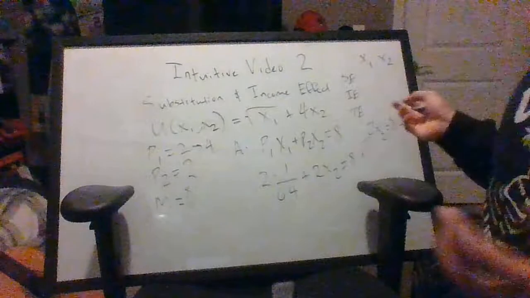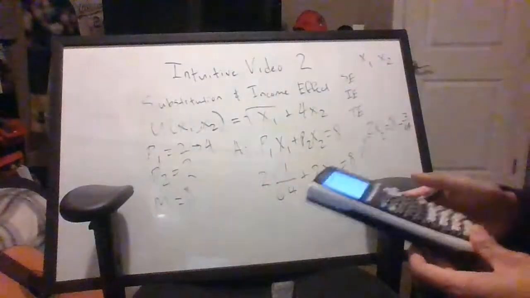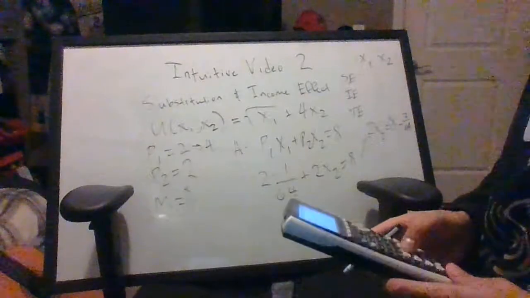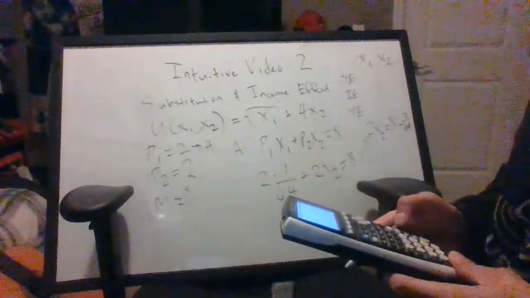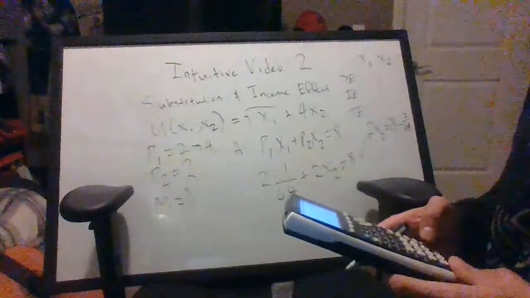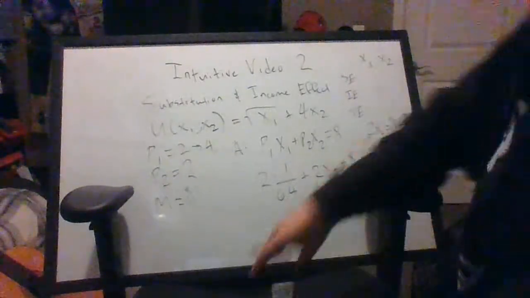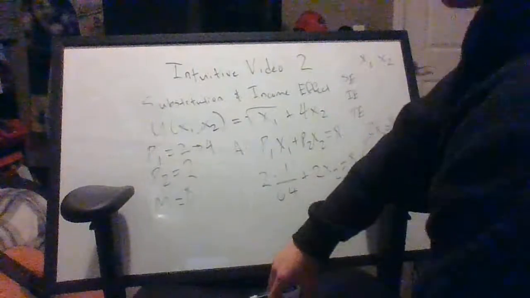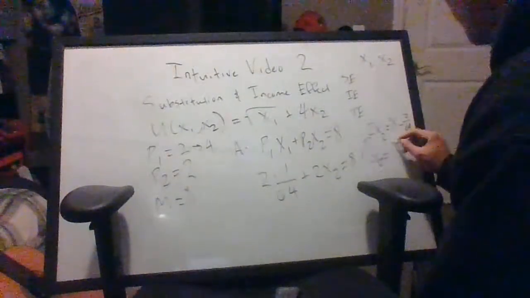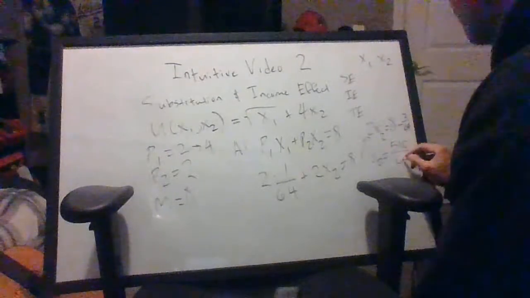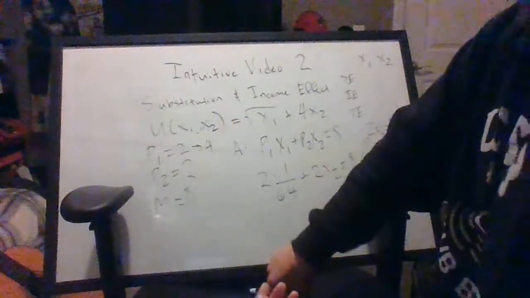This is going to be some number that's barely below 8, which I'll do for you guys, but it's probably easier to just leave it as a fraction. So 8 times 64, 512. So x2 in this case will be equal to 510 over 64, right? So whatever that number is.